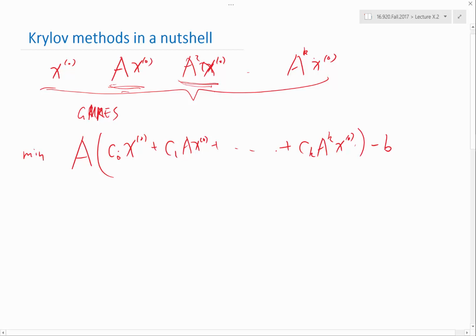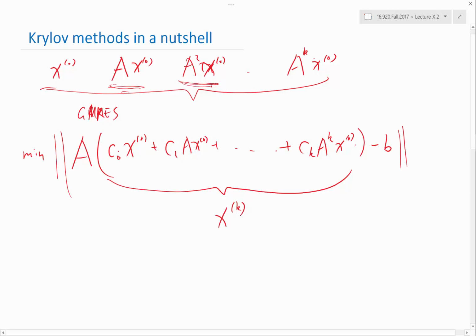If k is small, I need to solve a small k by k matrix system to figure out the appropriate coefficients to compute that minimum residual solution. And then this is basically my xk. The idea is exactly that.